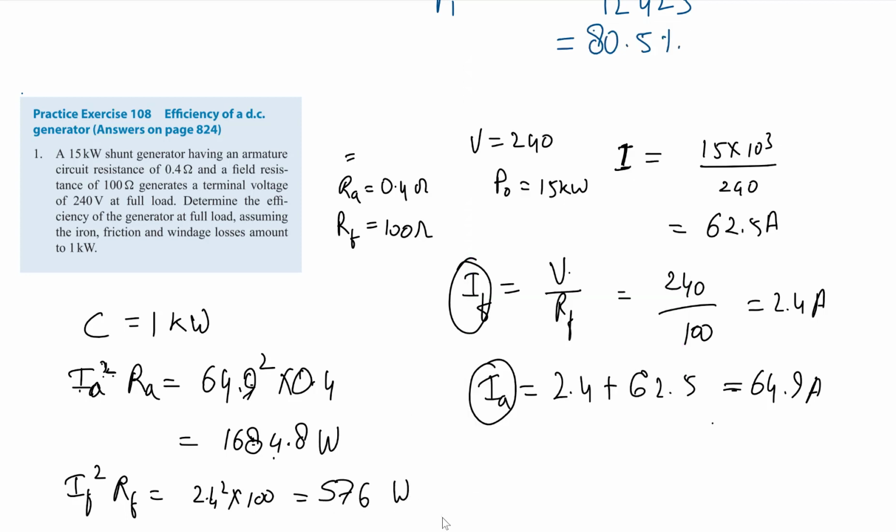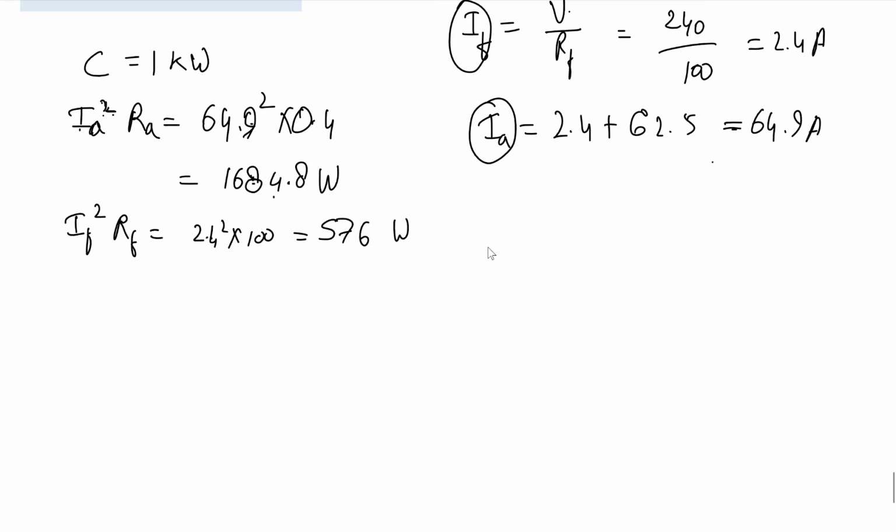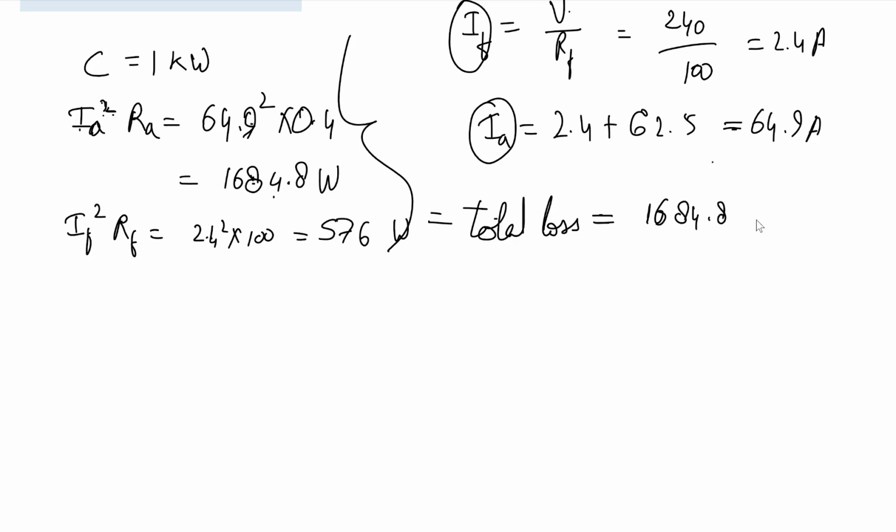So total loss is all these three. Total loss is equal to 1684.8 plus 576 plus 1 kilowatt, that is 1000.